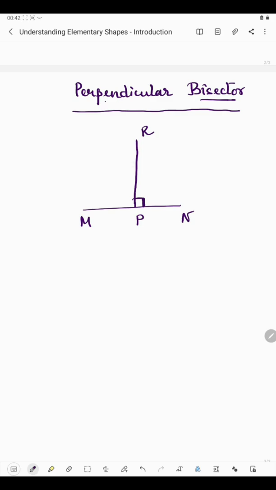Now if this line divides MN into two equal halves, that means the distance between this and this is the same, then this RP, or PR, is known as a perpendicular bisector. So a bisector divides the line into two equal halves. The distance MP will be equal to PN, and this point P is the midpoint of MN.